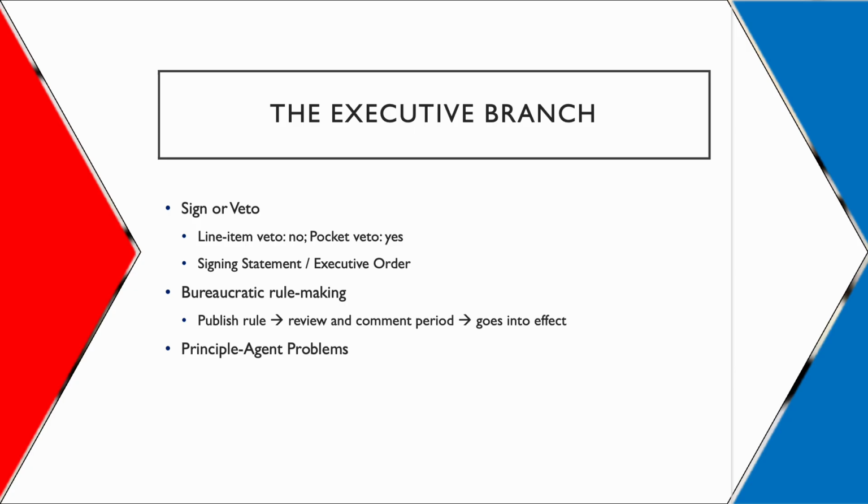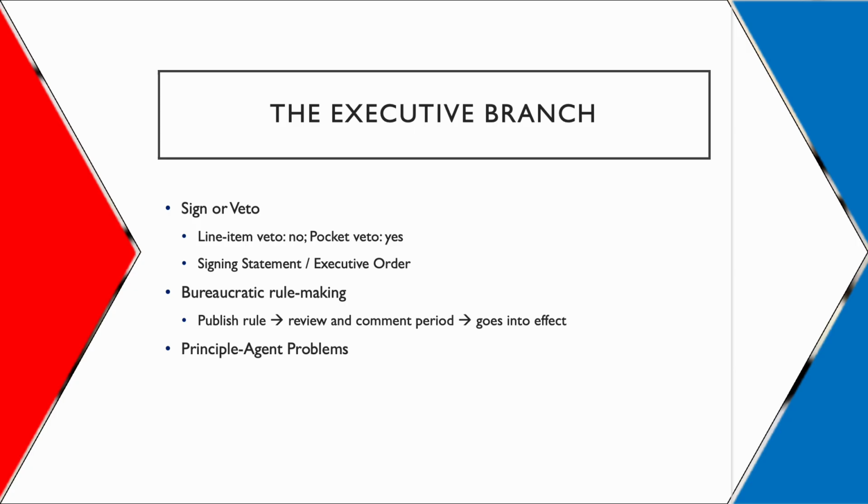But there is this thing called a pocket veto. A pocket veto is where, if the president doesn't sign it and Congress goes out of session, the bill simply dies because the president keeps it in his pocket. This is very rare. Congress usually passes bills well before the time period before it goes out of session, so that the president can't pocket veto it.